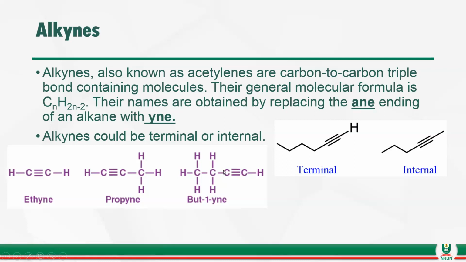You now see that instead of but-1-yne, it is now going to be but-2-yne, because the position of the functional group has moved from here to this particular position. So just like alkenes, alkynes also undergo positional isomerism.